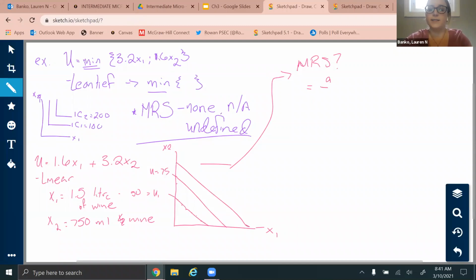This MRS just equaled this letter A, which is the coefficient on x1, over B, the coefficient on x2. So you don't really have to do too much calculation. You don't have to do derivatives here. If you remember this, all you do is take 1.6 and divide it by 3.2, which is 1/2 or 0.5.